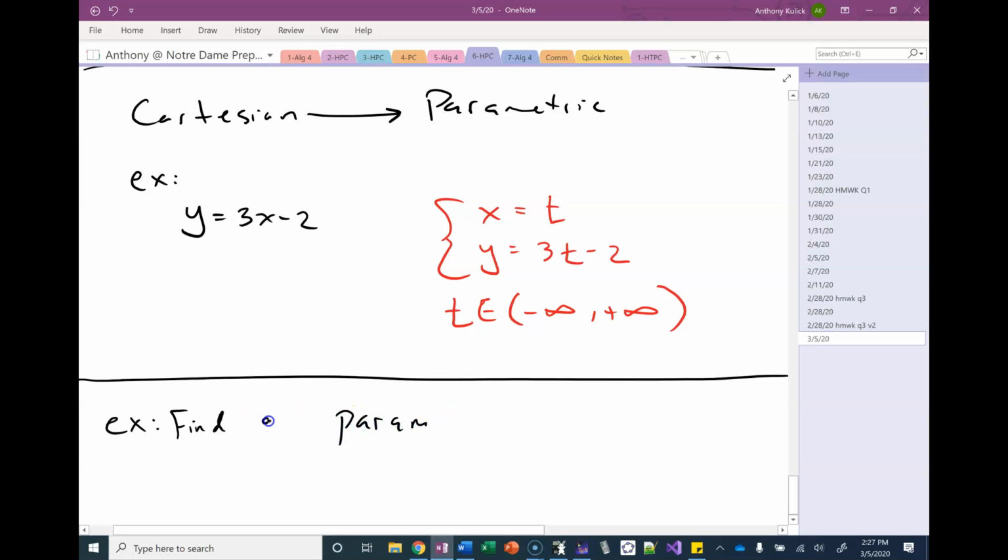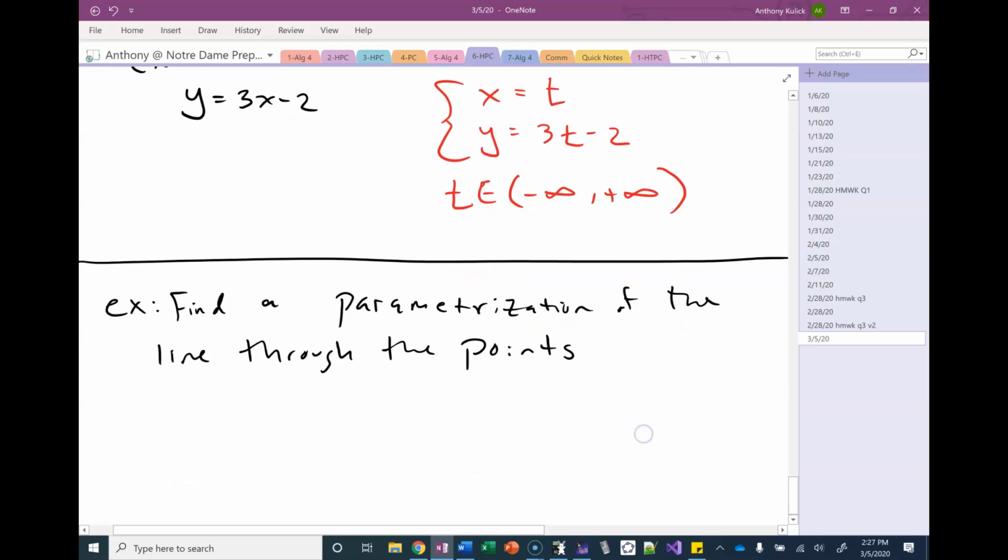Oops, I should probably say A, because that doesn't have to be specific. Let's say that we want to find the parameterization of a line through the points (3, 9) and (-5, 2).